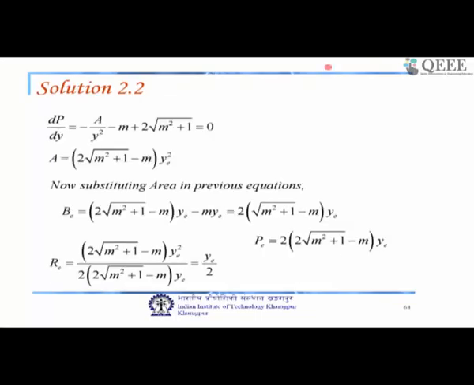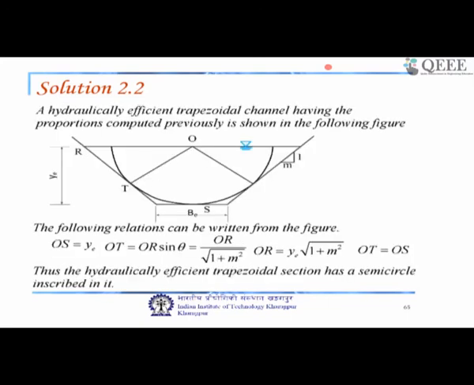So in this case, we can see that the hydraulic radius is just half of the flow depth, and the hydraulically efficient trapezoidal section having the properties computed previously is shown in the following figure. In this one, this is y e, this is b e, this is 1:m, and this is OT, which is perpendicular. So OS equals y e, and OT is perpendicular to this surface.